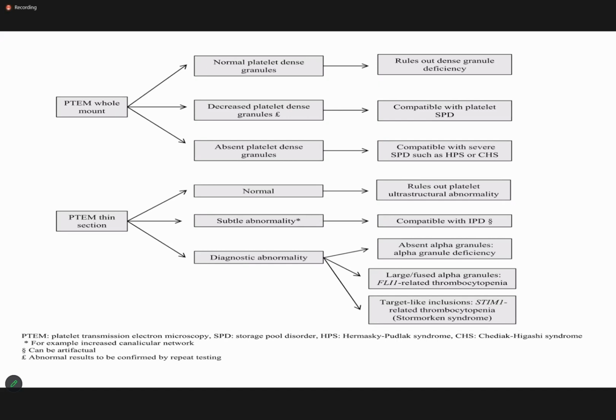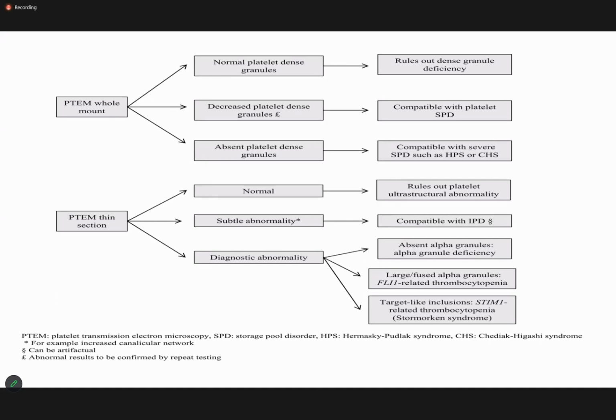For platelet transmission electron microscopy thin section, if it is normal, it rules out platelet structural abnormality, and if you have a subtle abnormality, it may be compatible with inherited platelet dysfunction, but you need to repeat because it can be artifactual.